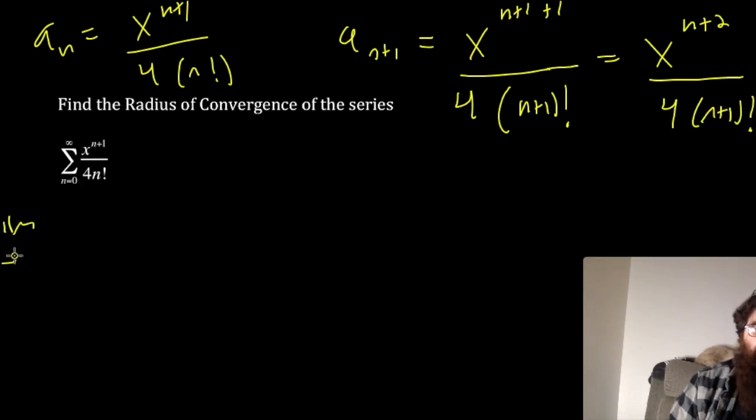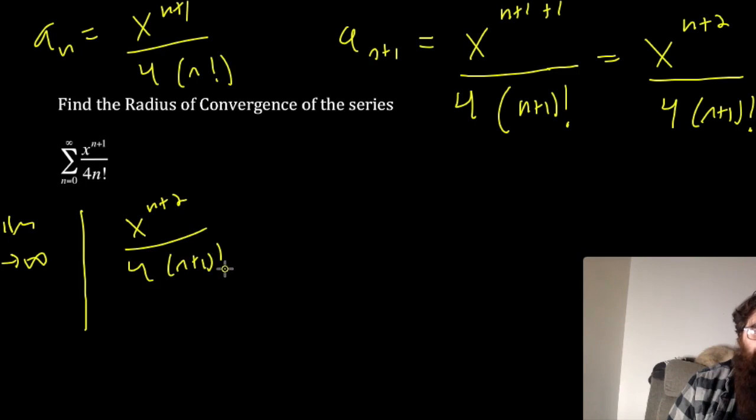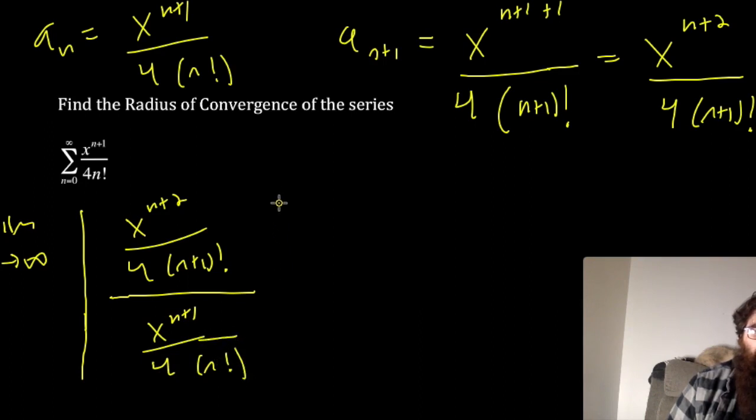So I'll say limit as n goes to infinity, absolute value of, and I want a sub n plus 1 on top. So that's x to the n plus 2 divided by 4 times n plus 1 factorial, and then divided by a sub n. a sub n is x to the n plus 1 over 4 times n factorial.